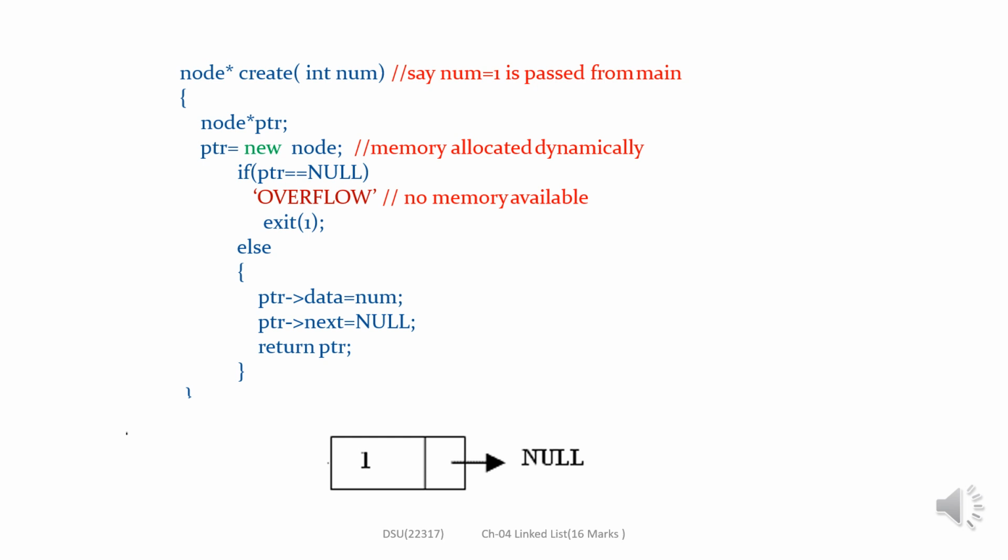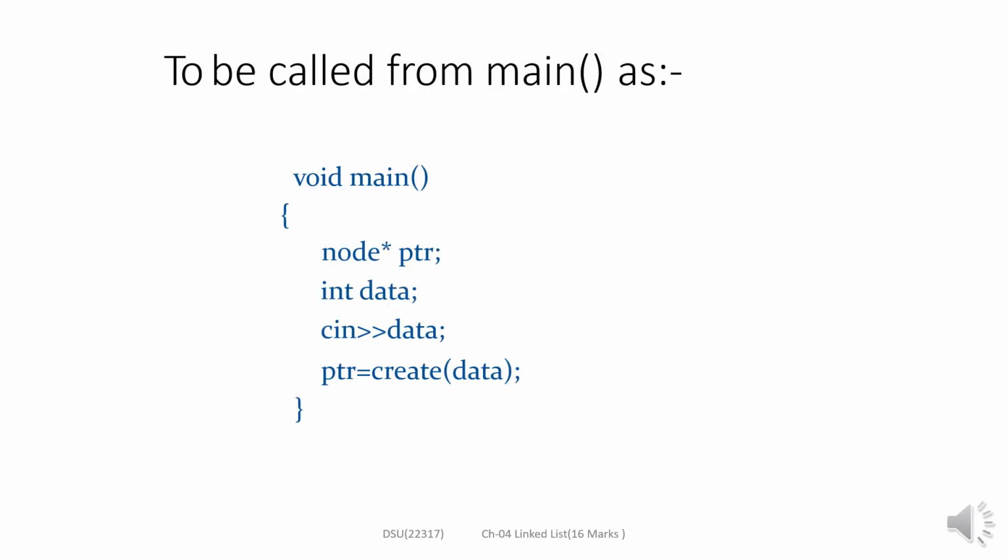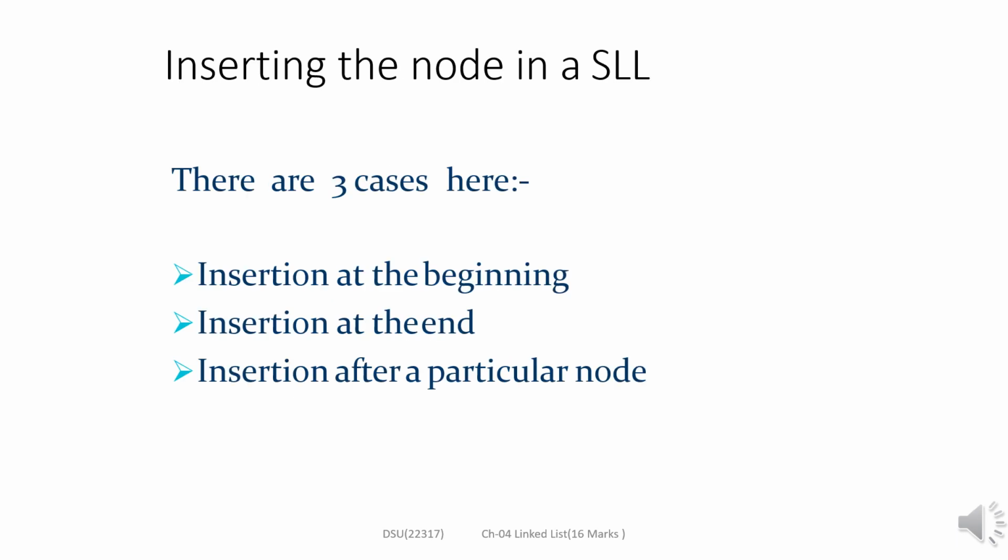Else ptr data is equal to num and ptr next is equal to null, return ptr, closing brace. See here, the first node is created. The first node contains the data 1 and it points to the next node. To be called from main as void main, node pointer, ptr is equal to create, then closing brace.